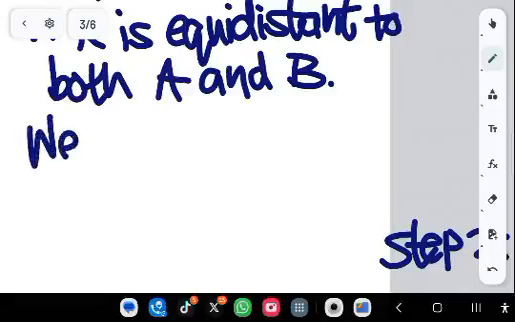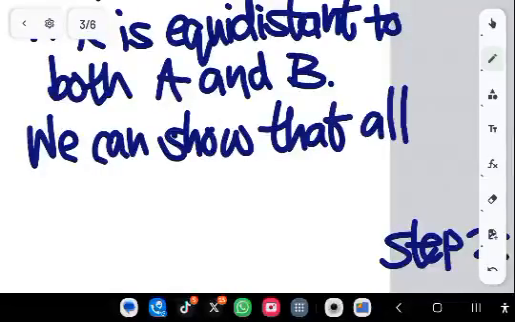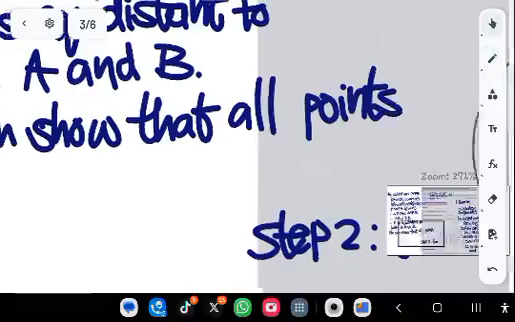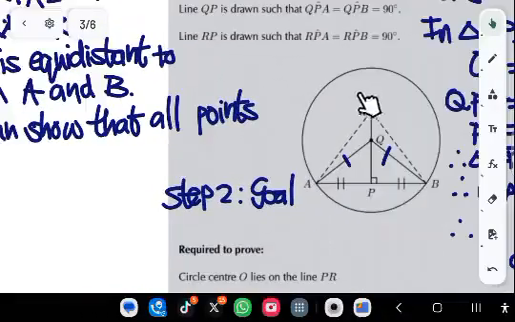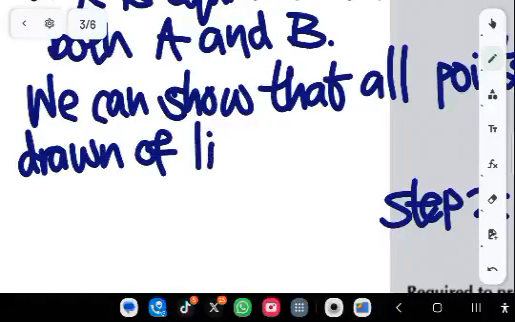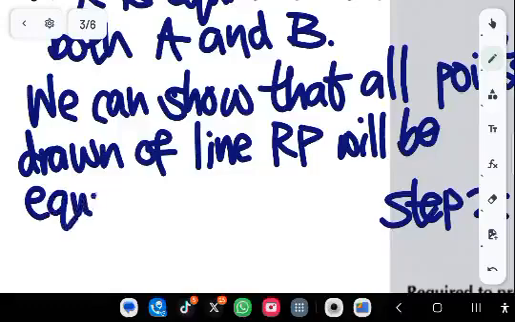We can show that all points drawn on line RP will be equidistant to A and B.